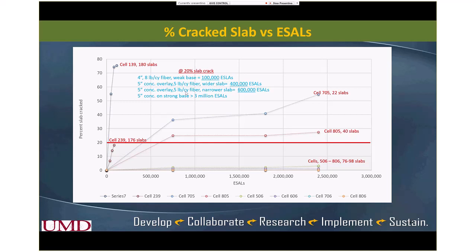For the concrete overlays, it's around 500,000. Even though it's still performing, the current percentage is way more. You can see 705 is having more than 50% slab cracked, and 805 is around 30%. Now the others, 506 through 806, are performing really well.